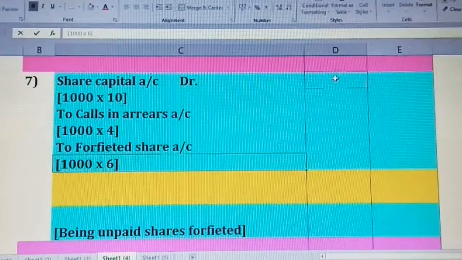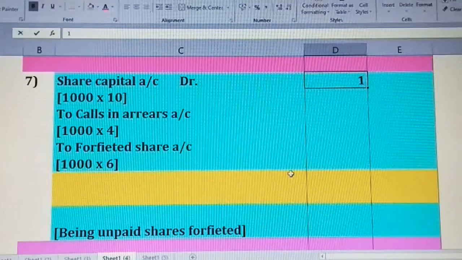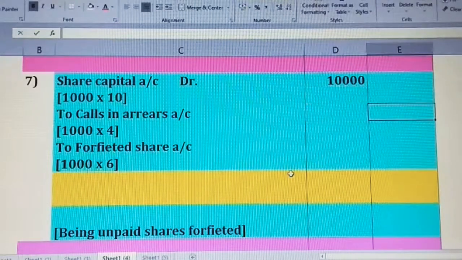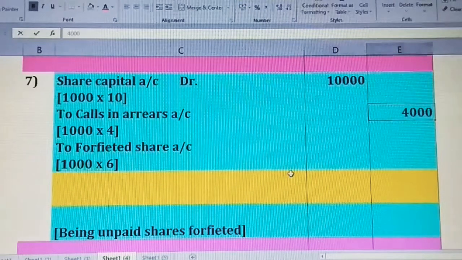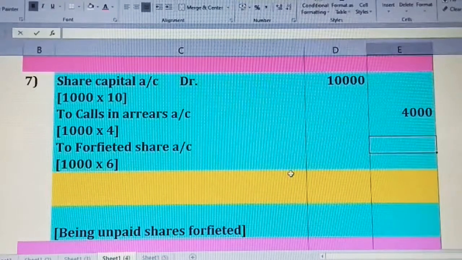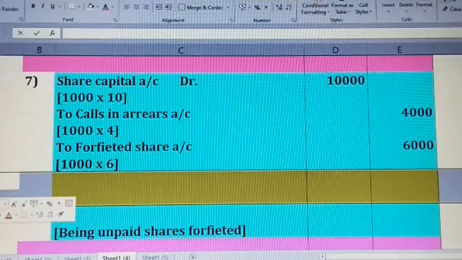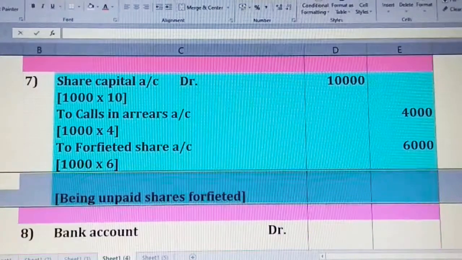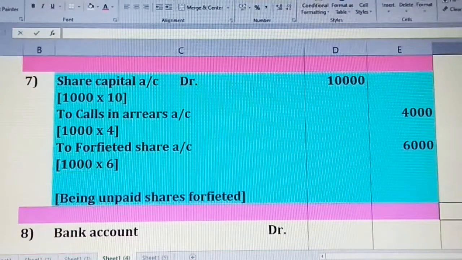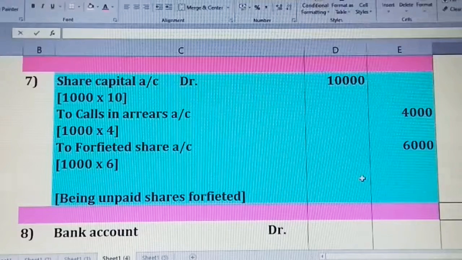We're going to write the values now for the cancellation: 10,000, 4,000 and 6,000. So being unpaid, shares forfeited.